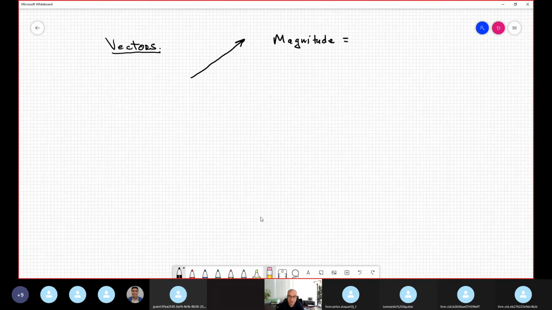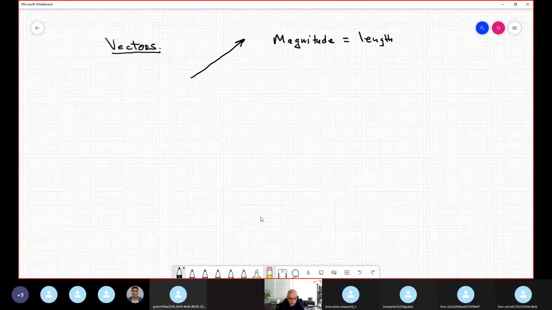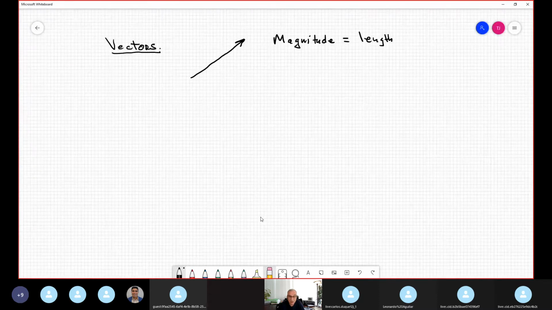It indicates, for example, the strength of a force, 10 Newton. It's a vector with length 10. If it is 20, then it is a bigger length. And the second piece is direction.